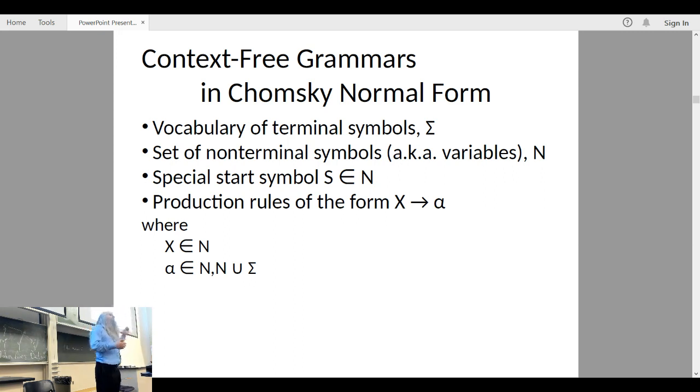It's not really the best way to describe human language. Sometimes you want to have 3 or 4 daughters, but there's always a way to convert. Okay, so there's no power loss in the complexity of the languages you can describe if you go into Chomsky normal form, and so people just go, yeah, it's the same. And, you know, at some level it's the same. So often people do this.